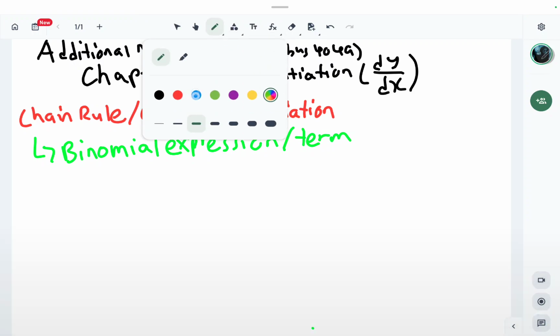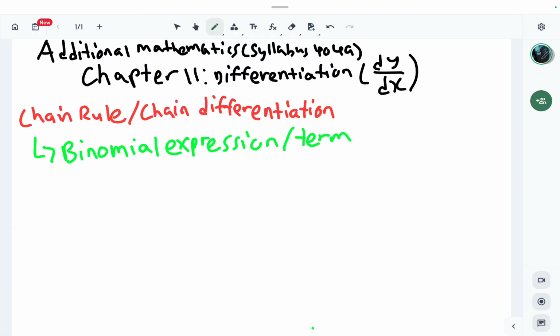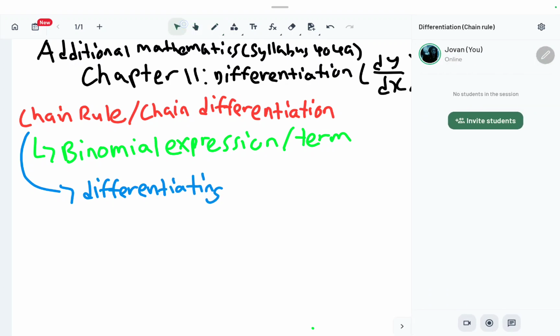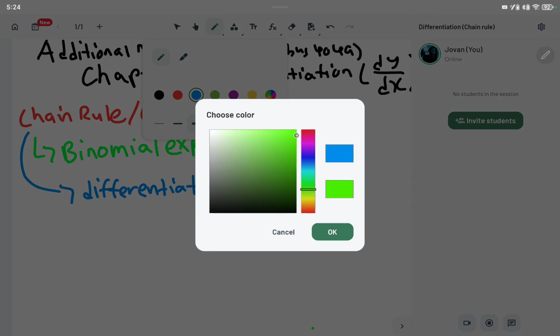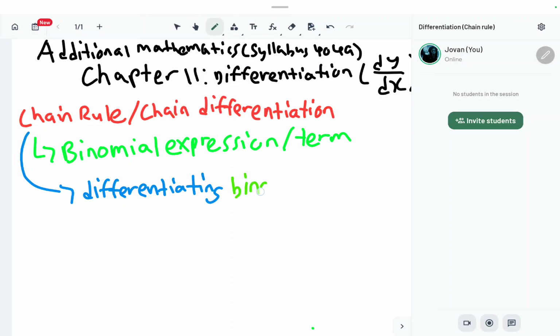This basically means that we are just differentiating binomial expressions.